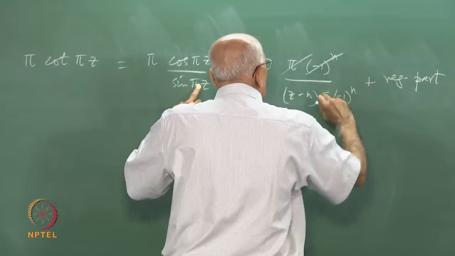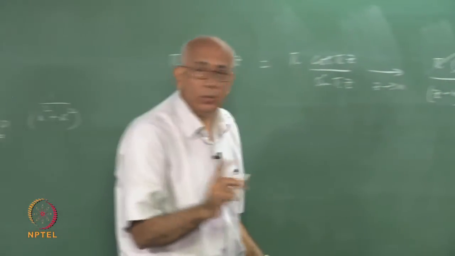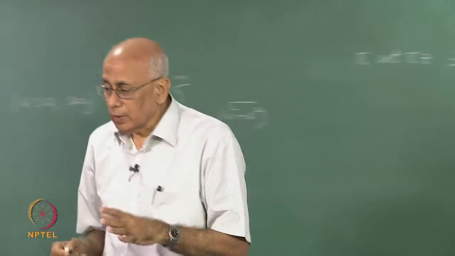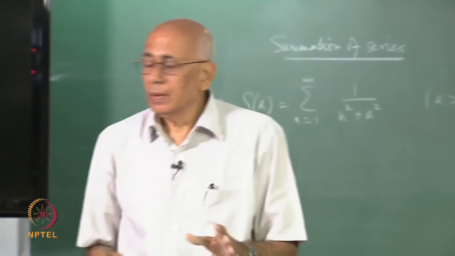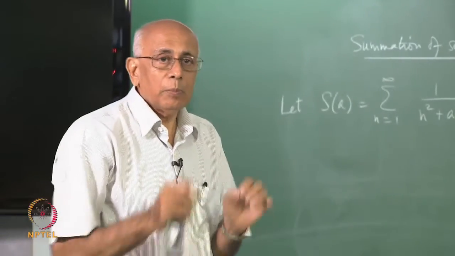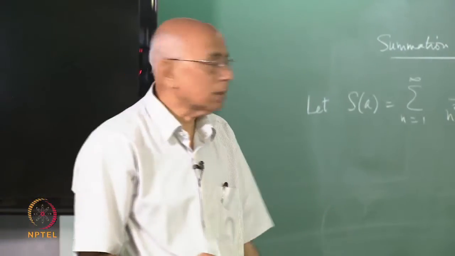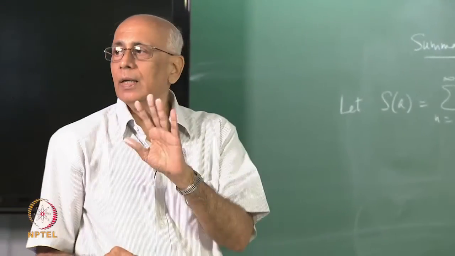So these factors cancel out and you have precisely what you want. So this function pi cot pi z has simple poles at all the integers including 0, positive and negative integers, and at each pole the residue is exactly 1.